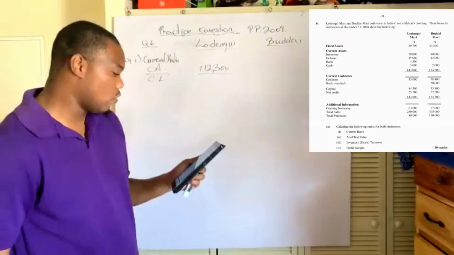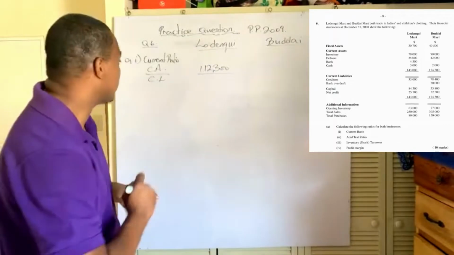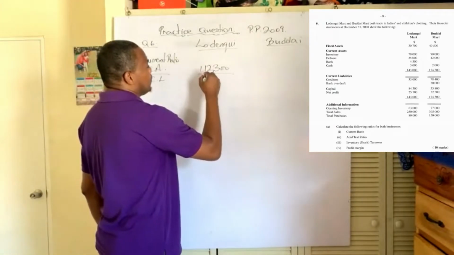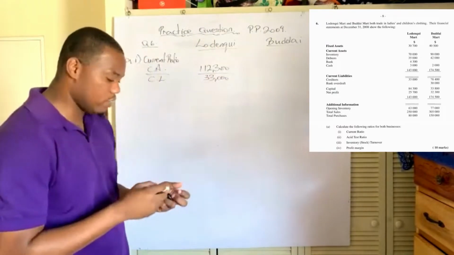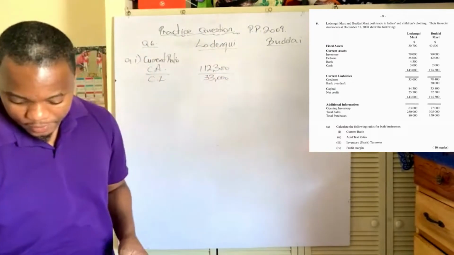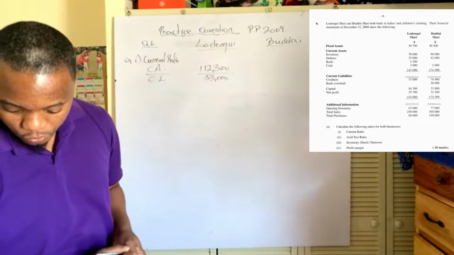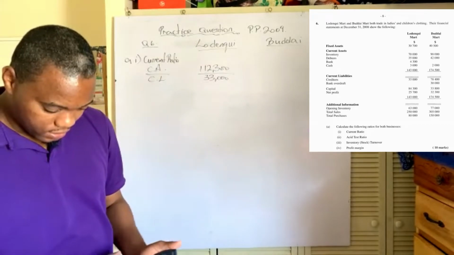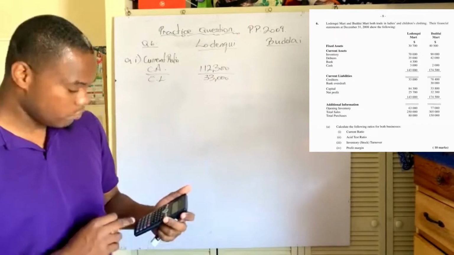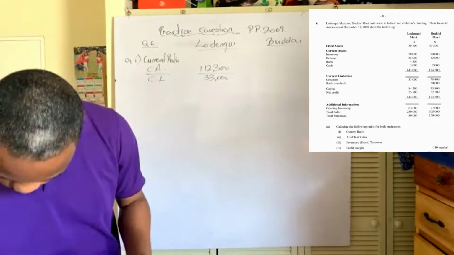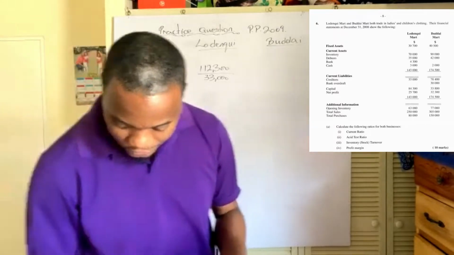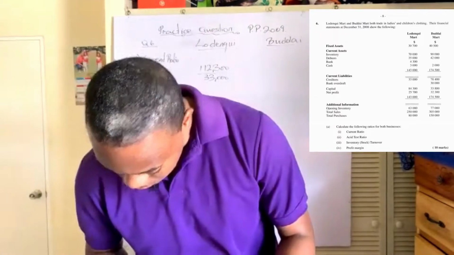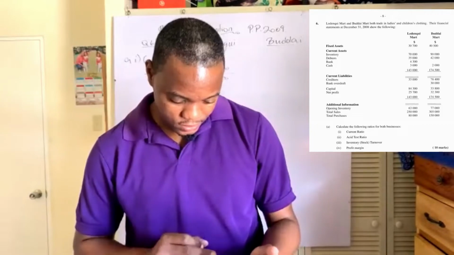So let's calculate now the current liabilities. Current liabilities now for Lodenki, 33,000, because Lodenki only has one current liability. Let's look at Budai now. So Budai, his current assets would be equal to 90,000 for inventory, 42,000 for debtors.